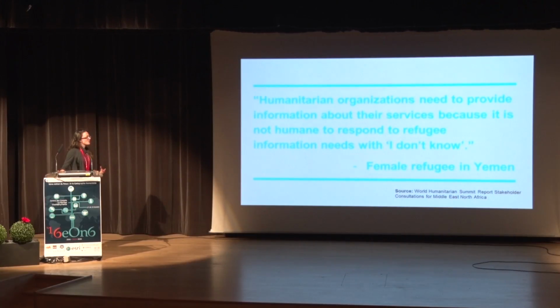So to start off, this quote comes from the WHS, Middle East and Northern Africa report. It says, humanitarian organizations need to provide information about their services because it's not humane to respond to refugee information needs with "I don't know."